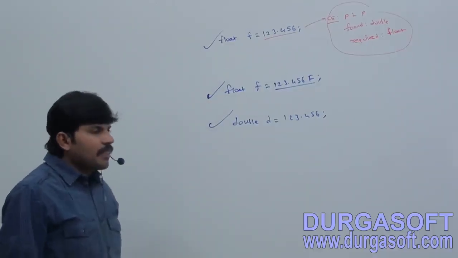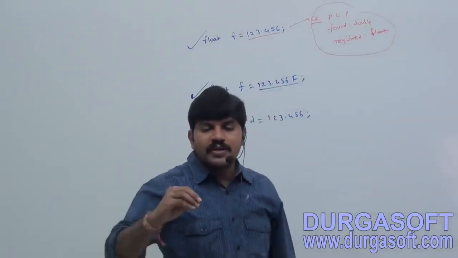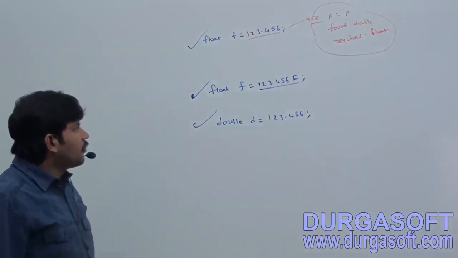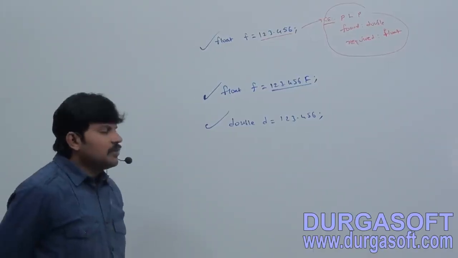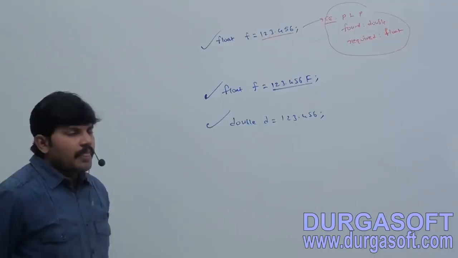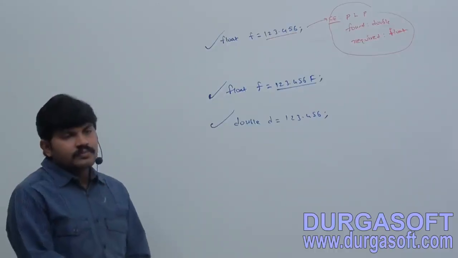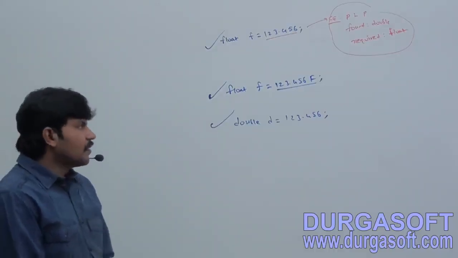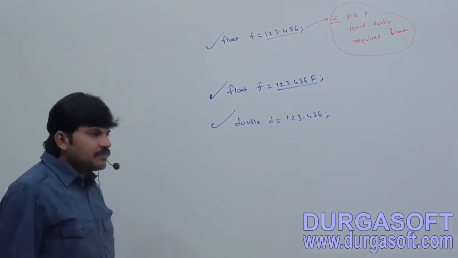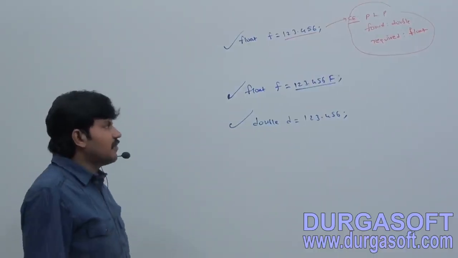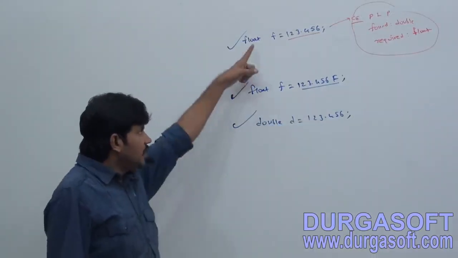But next, we can specify a floating point literal as float type by suffixing with small f or capital F. Okay, take these examples.